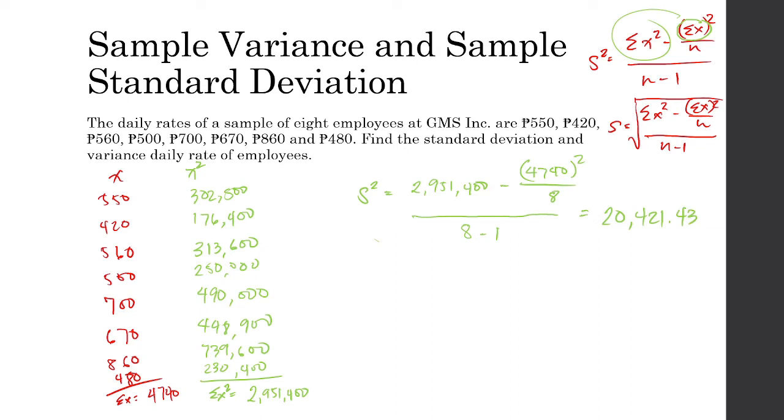And getting the square root of that, square root of 20,421.43 will be our S here will be 142.9.